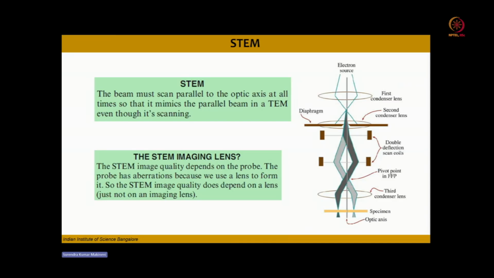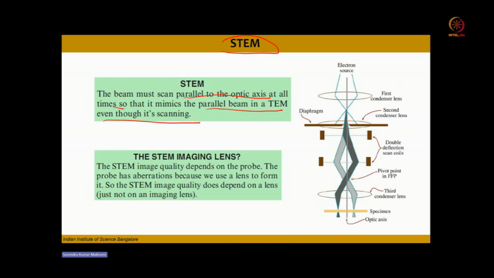And you are getting the information at each spot as it interacts with the sample surface and rasters on the sample surface. Similar to that, we can control the beam in a transmission electron microscope, which we call a scanning transmission electron microscope. Okay, so the beam scans parallel to the optic axis at all times, so that it mimics the parallel beam in TEM even though it's scanning.